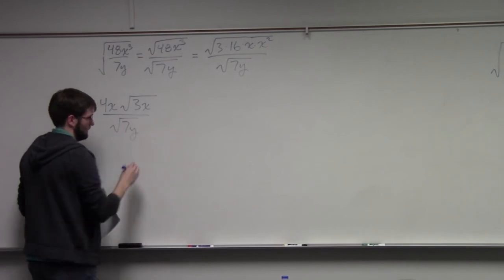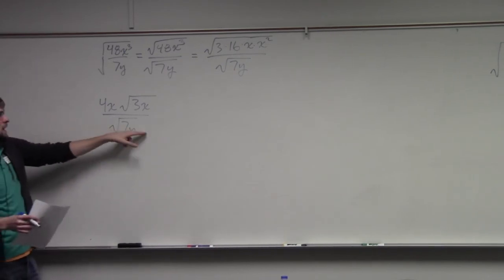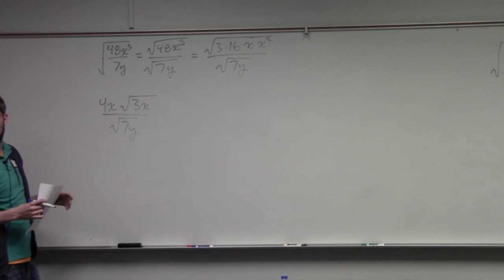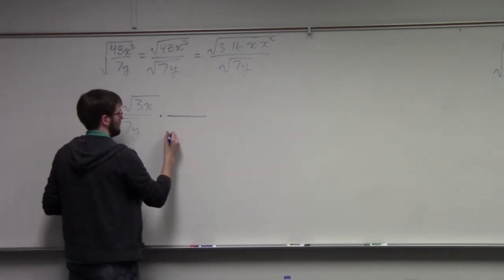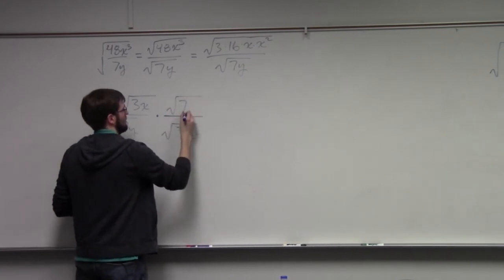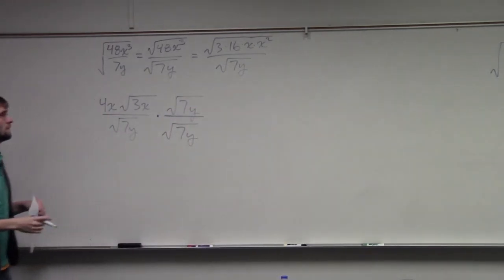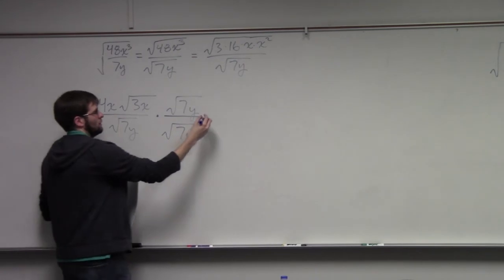Okay, now we have that done. I still need to get rid of this guy. So just like I did with the last couple problems, I'm going to multiply the top and the bottom by whatever is in the denominator. Remember, when you multiply radicals, you only multiply radical to radical.